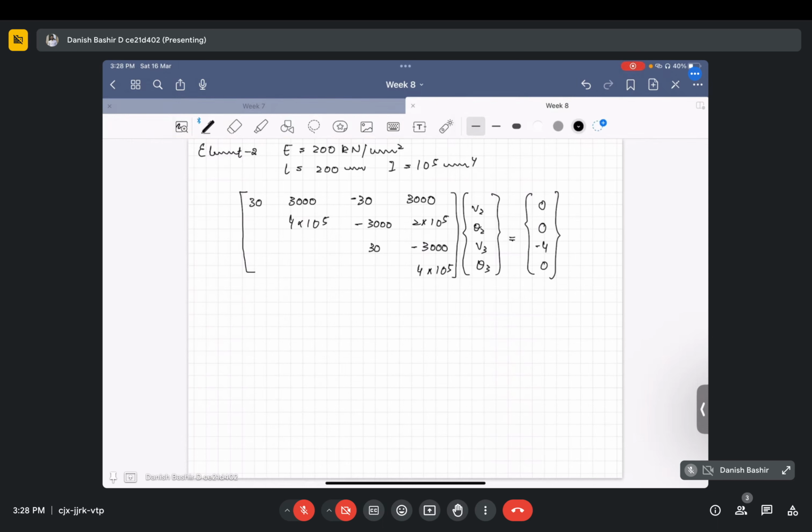Then continuing the same thing, we will assemble all these equations, element 1 and element 2.